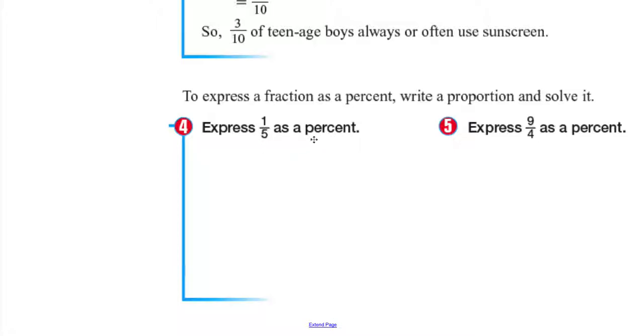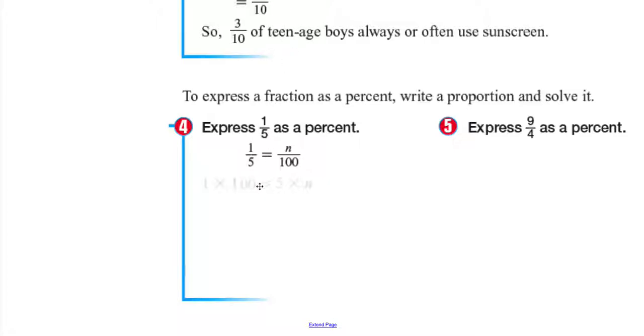A percent means a denominator of 100, so we create a proportion for it. So 1/5 is equal to n over 100, because we want to find out the number that will make 1/5 into a percent. And since a percent is always out of 100, the denominator 100 is there. So we use our knowledge of cross products.